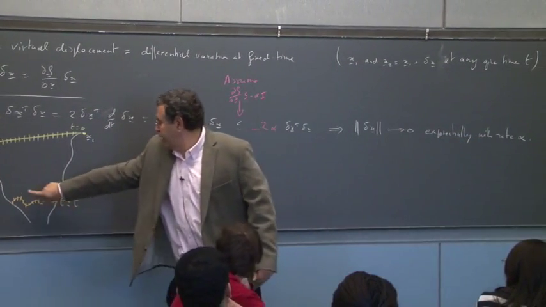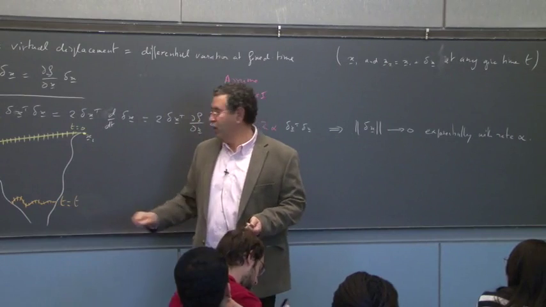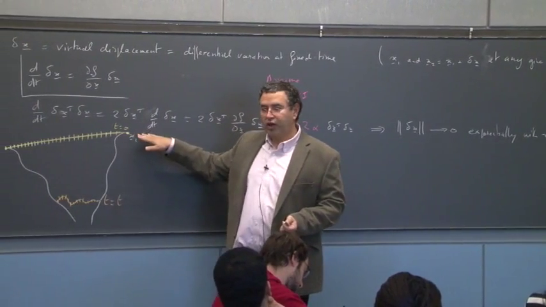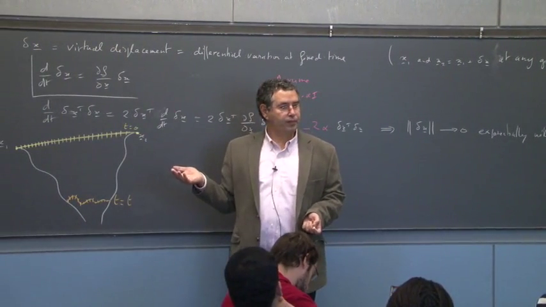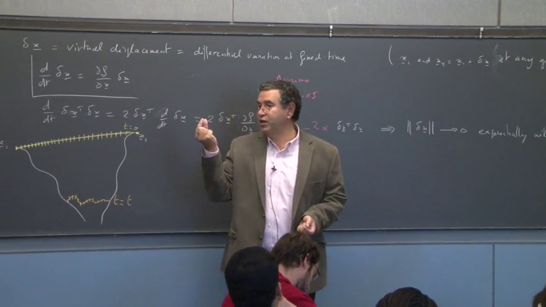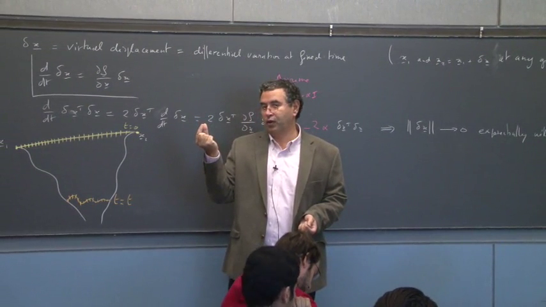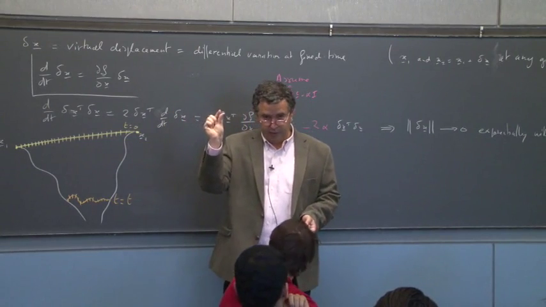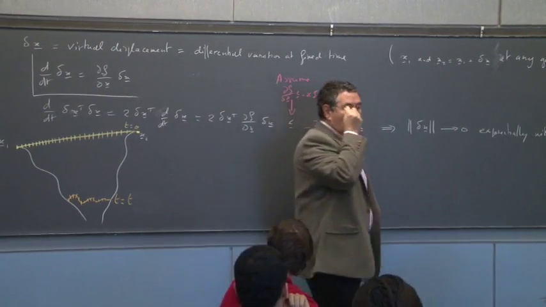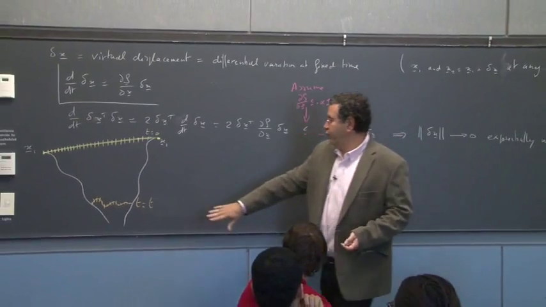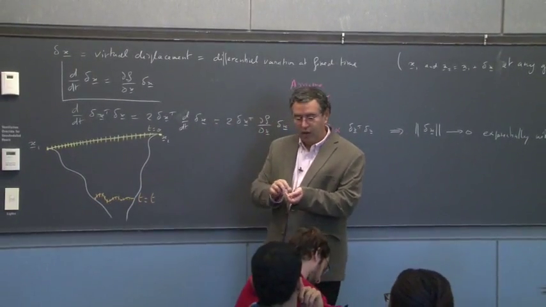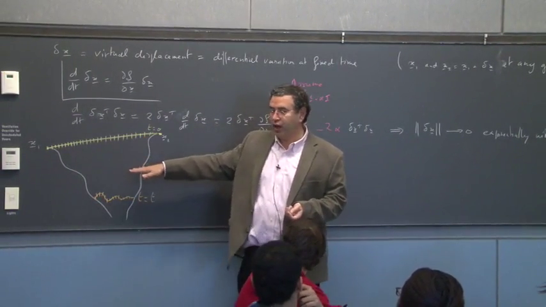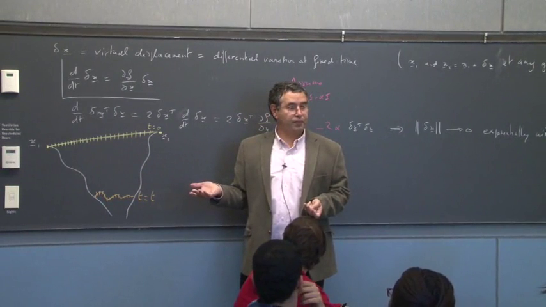So the total length of this orange thing is less than the initial length e to the minus alpha t, because each of these line segments has shrunk. We're doing computations on scalars here, just on lengths. So the total length of this orange thing is less than the initial length e to the minus alpha t.